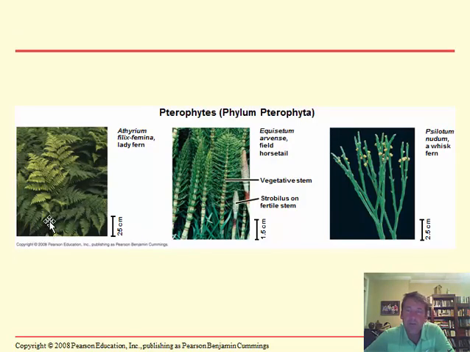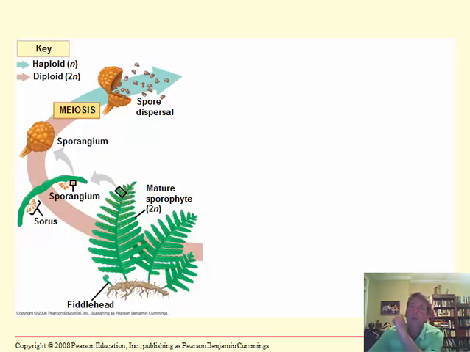Here's some other, the ferns are the pterophytes, and so here's some examples of different types of ferns, and we'll look at the life cycle. Let's look at the life cycle of the fern here. All right, so similar to the moss is the fern life cycle. It has sporangia.